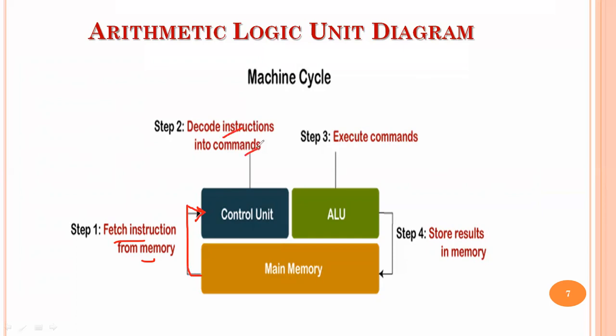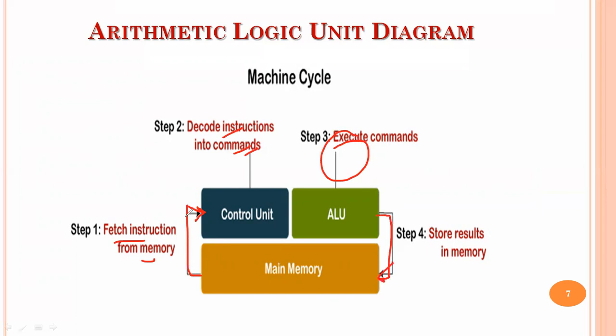For example, when you press the save button, the instruction of the save command will be converted into commands. Here the commands will be executed and then the results are stored in the memory. So this is a very simple process.